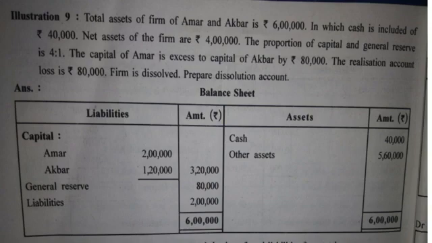The proportion of capital and general reserve is 4:1. The capital of Amar is in excess of the capital of Akbar by rupees 80,000. The realization account loss is rupees 80,000. The firm is dissolved. Prepare the dissolution accounts. This means prepare the necessary accounts at the time of dissolution.